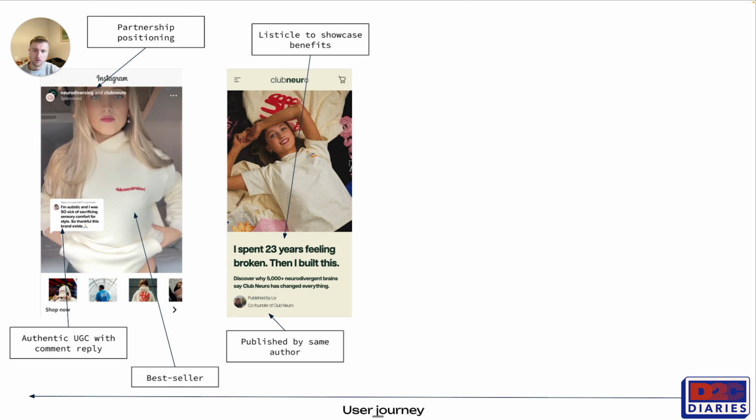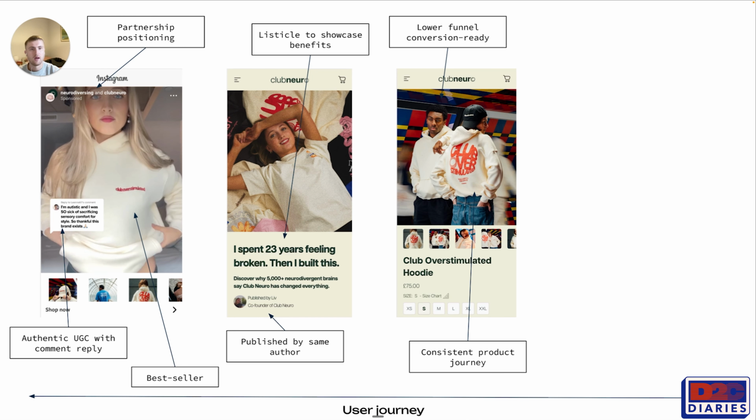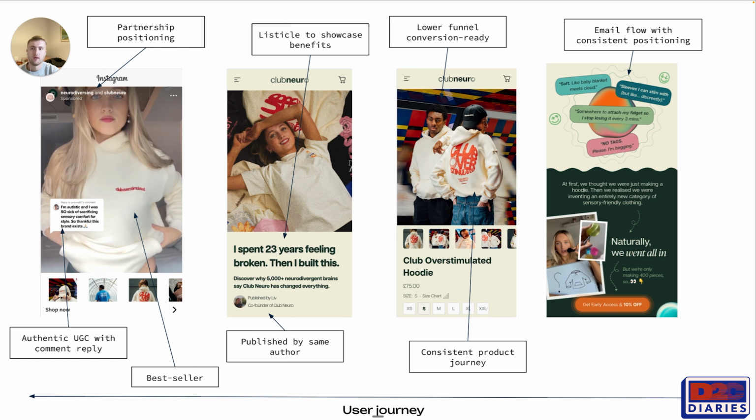This listicle as a second step then doubles down on that positioning from the creator, so it retains the same publisher, showcases the benefits of the product and the narrative and the story behind the product. And then that continues to the lower funnel, conversion ready funnel of the product page, where we've got the consistent product journey. And then a final step here, which we love, is the consistency in email and full funnel messaging.